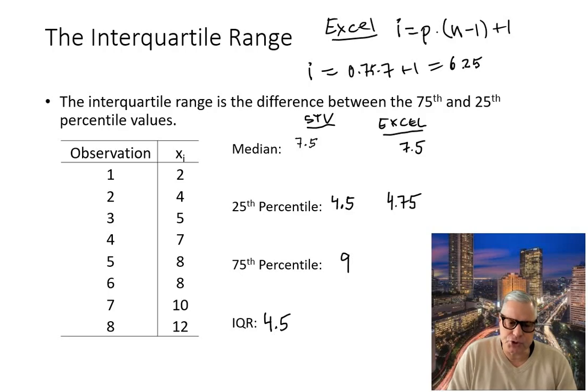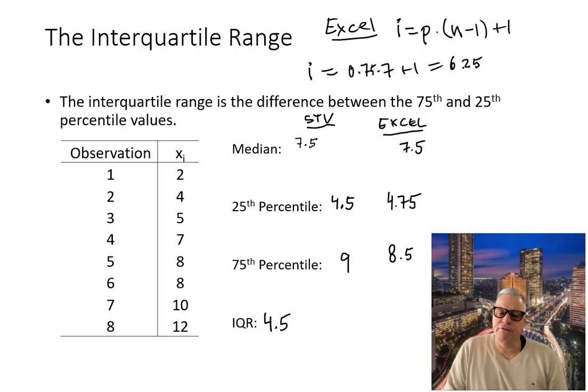So this difference is 2, and 25% of the 2 are 0.25 times 2, that's 0.5. So Excel would return here 8.5, and therefore in the Excel world, the interquartile range would be the difference between 8.5 and 4.75, which is 3.75.